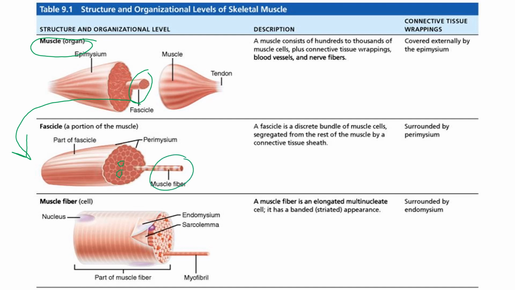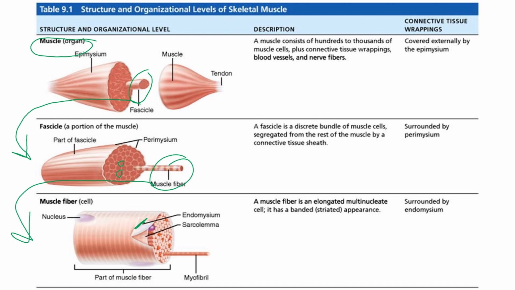If we then look at the muscle fiber, this is our next level, we're going to see the endomysium on the outside. There's a layer right here. There is then what is going to be our cell. So this is a muscle cell. We're going to have the sarcolemma, which I'm going to define.